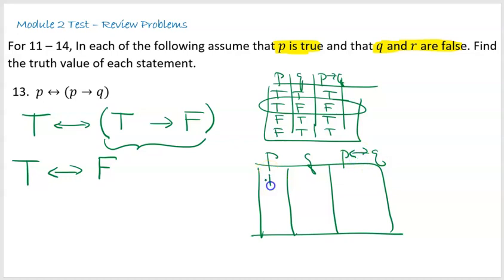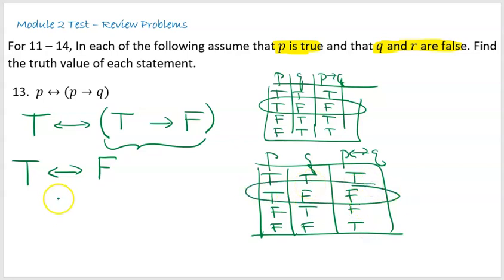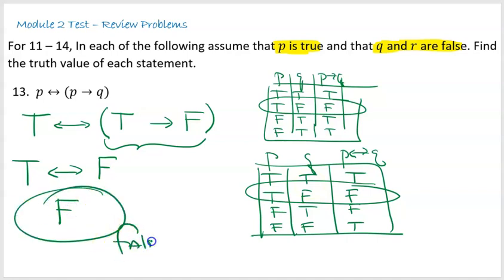Now, if you'll remember, the only time biconditionals are actually true is if both component statements are true, or both false. If one of them is false and the other true, then it's false. Now what we have in this particular situation is this line, so overall that is a false statement. But you've got to know those truth tables for biconditionals. That's how we get through this problem.